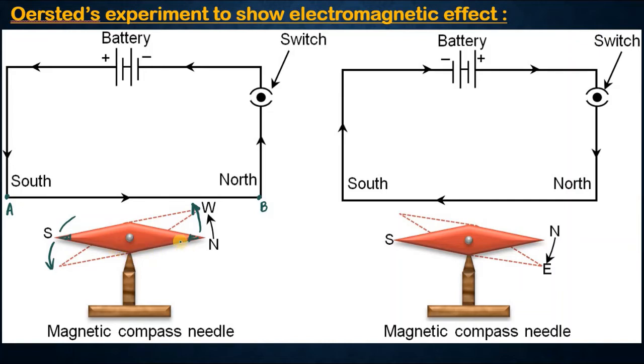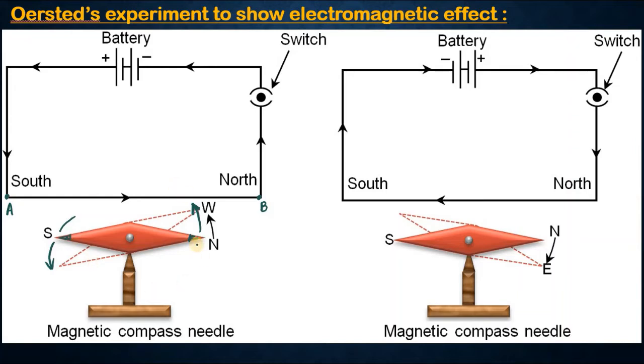The magnetic needle always rests along the north-south direction of the earth, and it deflects only when there is any other magnetic field. Under the influence of another magnetic field only does it deflect.